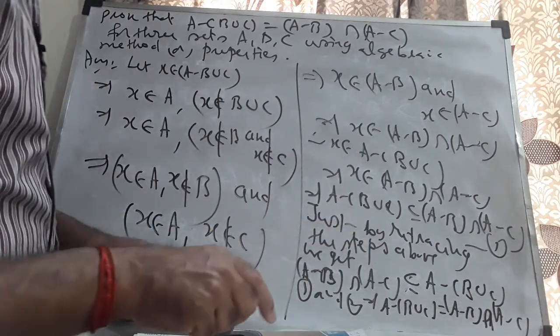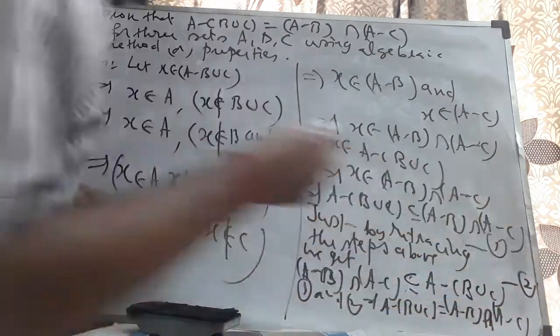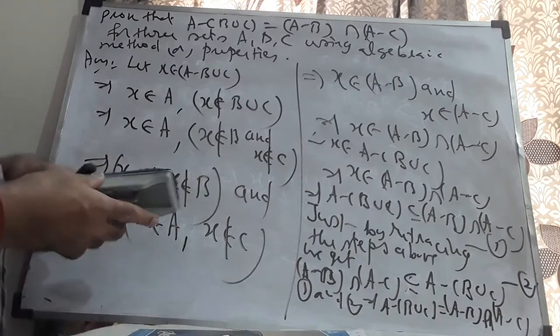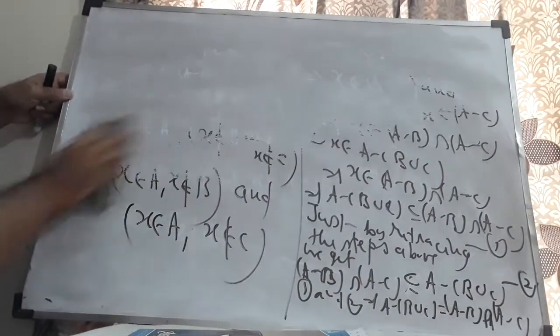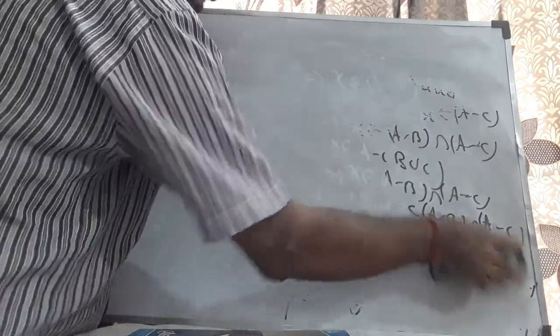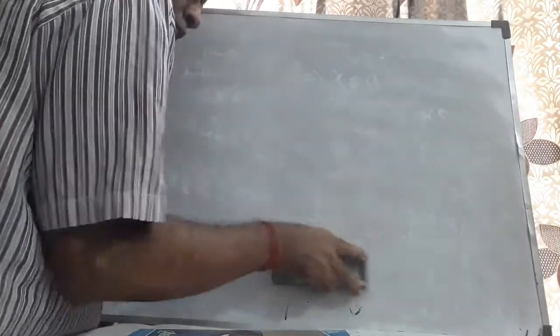Therefore, name this as 2, 1 and 2 will imply I get the result A minus B union C is equal to A minus B intersection A minus C. It is not at all difficult, but you need to think where to use and and where to use or. The conjunction is a must. You have to be very careful whether you have to use and or or.